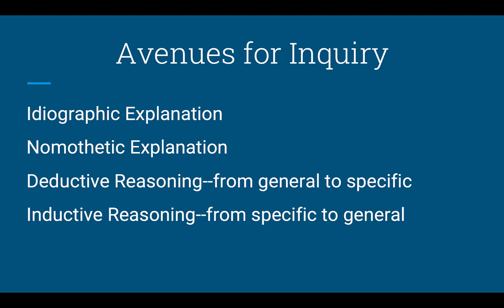So these relate very closely to the difference between deductive and inductive reasoning, or really the difference between a qualitative and a quantitative approach. So deductive reasoning goes from general to specific. When you're moving from general to specific, you're basically saying, okay, here's the overall topic I'm looking at, and here are the specific variables and their relationship that I'm going to test, right?